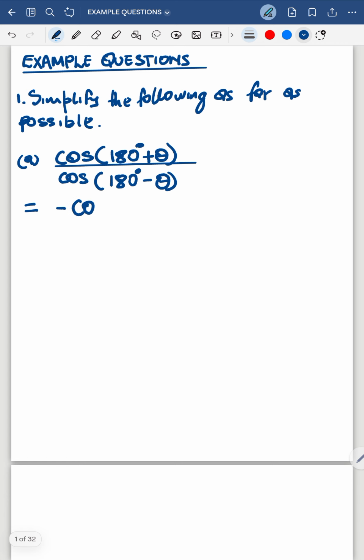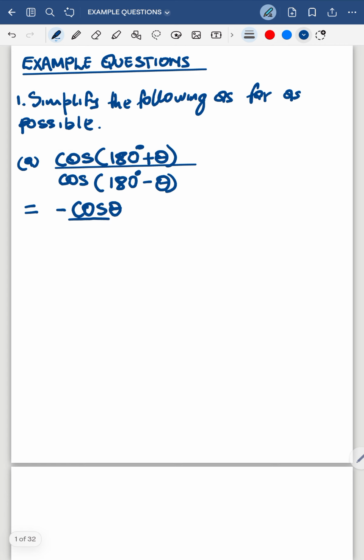So you take that theta, you put it here. Whatever angle is here, you always take it and put it here. But knowing that 180 degrees plus theta is the third quadrant, then over 180 degrees minus theta, what is this quadrant?